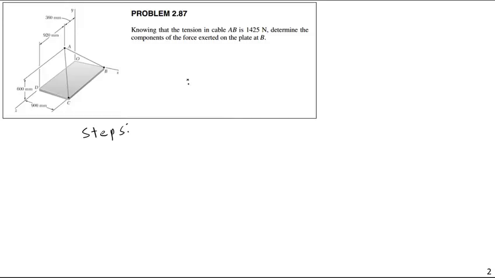Okay. Steps. 1. Get coordinates of points A and B. 2.